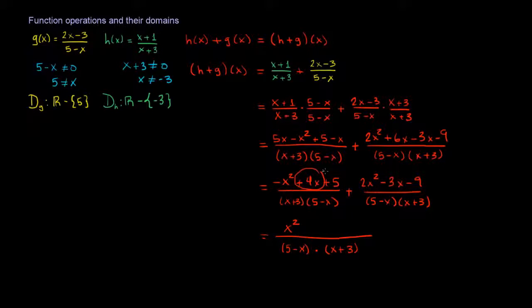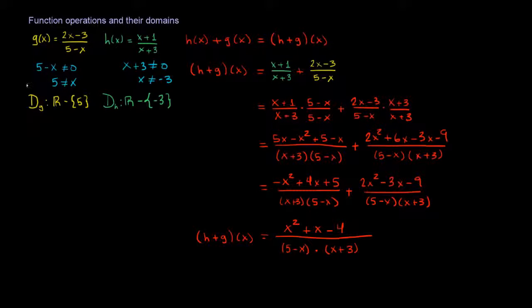Now I'm going to add this one with this negative 3 times x. It'll be plus x, and this 5 and this negative 9, so it will be minus 4. Well, basically that would be just it. Regarding the addition, I'm just going to copy and place it in here.